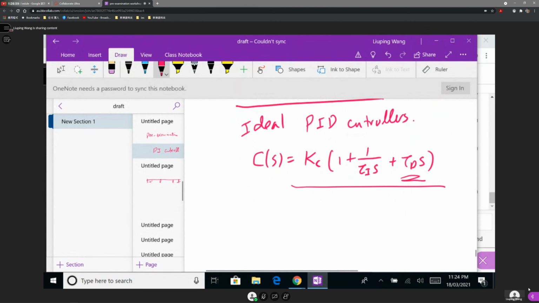For implementation, before the filter, right? Because the derivative bit amplifies the noise, so we need to add a filter, right? What we're going to do is add the filter.